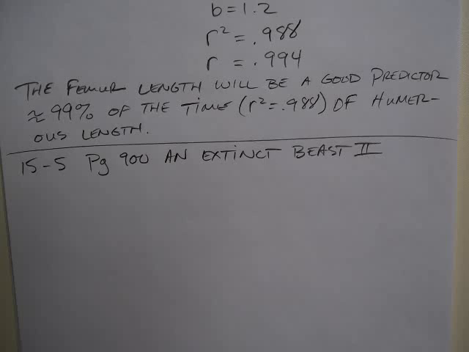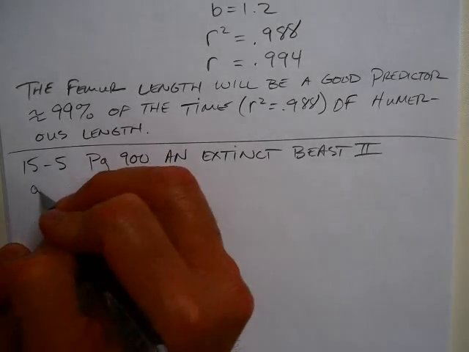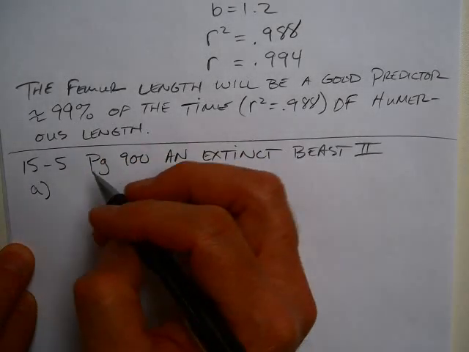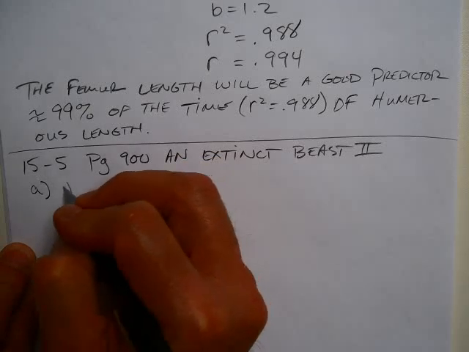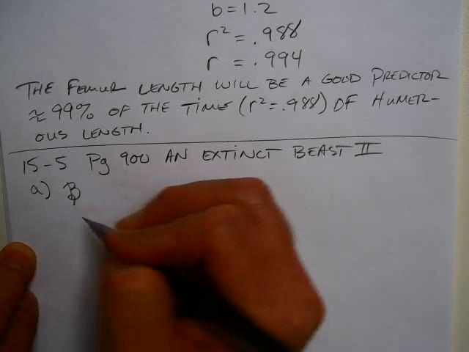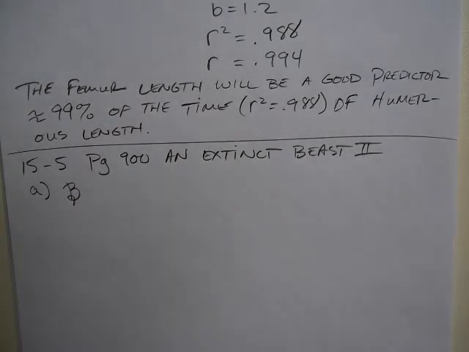On extinct beast 2, it says, explain in words what the slope beta of the true regression line says about the Archaeopteryx. Got this funky beta symbol that we haven't defined yet. This is the parameter for slope.